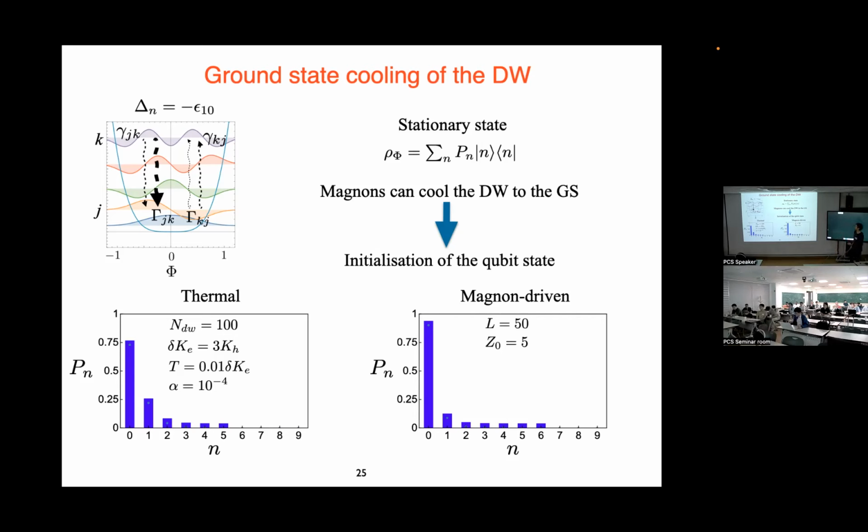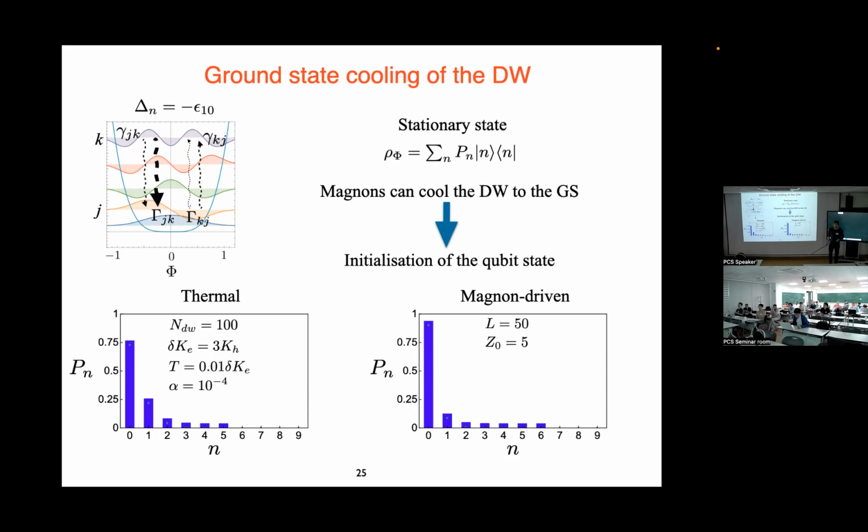So that's how, in principle, I initialize, and then I take the driving out, and then I have to do something over the time scale the qubit decoheres, right? I can start manipulating and play with this. So the fidelity here is like 91%, but by optimizing, you can go even higher. So that's the ground state cooling.